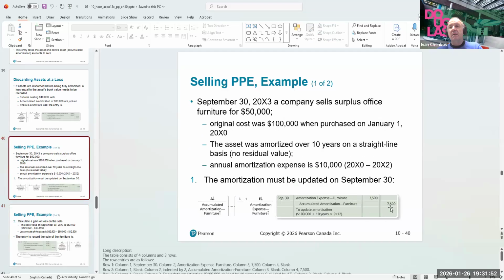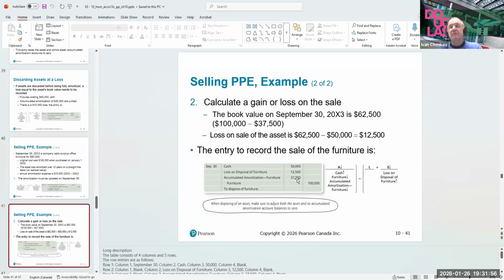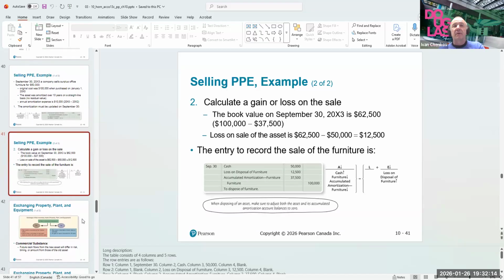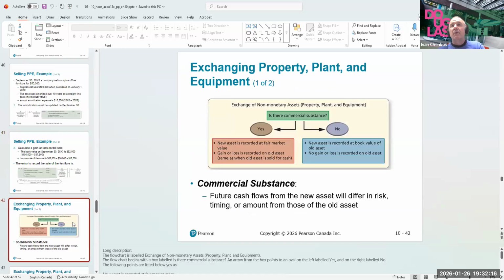They're making a mistake here. It's 7,500 plus 20,000, that's 27,500, not 37,500. After that, see how much cash you're getting. The difference is your gain or loss. That's how simple you can remember it. That's when we're selling the asset.